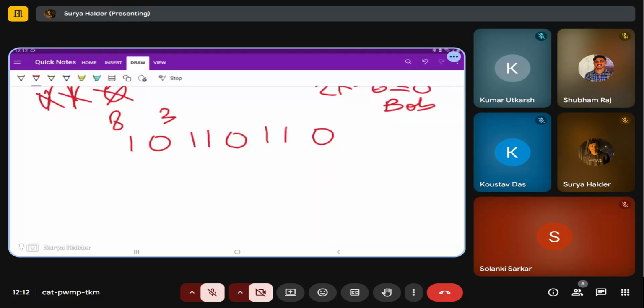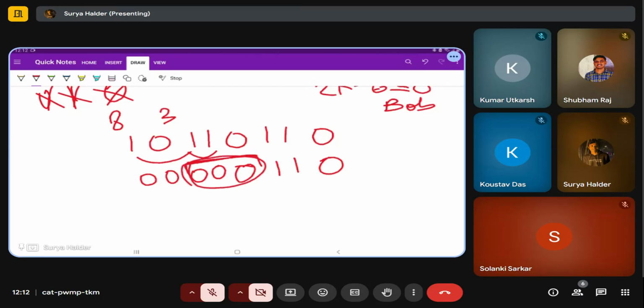How will Bob win? Alice will take any three integers and convert them into zeros. Suppose Alice takes these three integers and converts them into zeros. So I can take any other three contiguous zeros and convert them into 1.